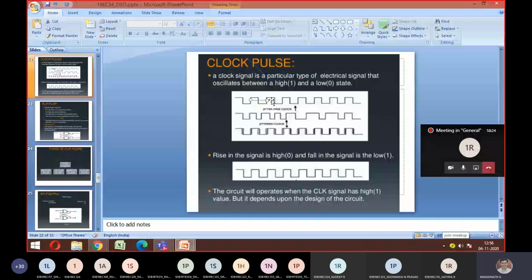Have you got the meaning of clock pulse? Clock pulse is nothing but the clock signal only, but clock period means from here to here. Is it fine, everyone? Okay. So next class we will deal with flip-flops.